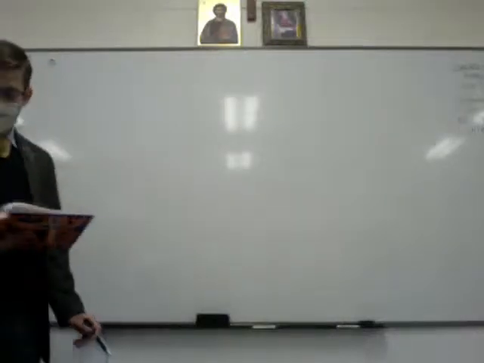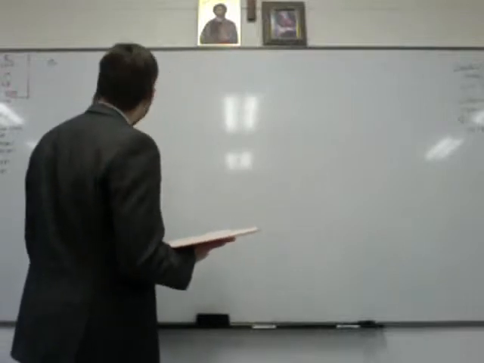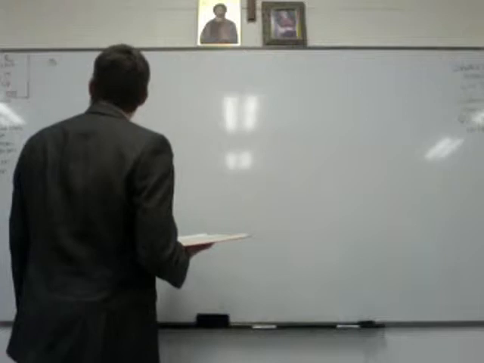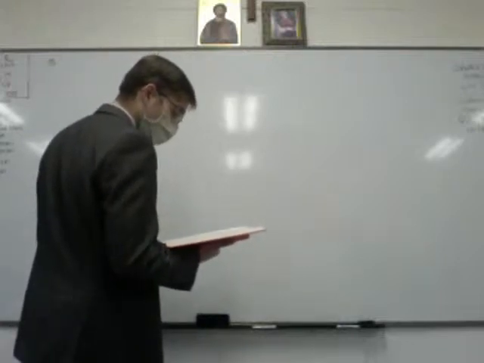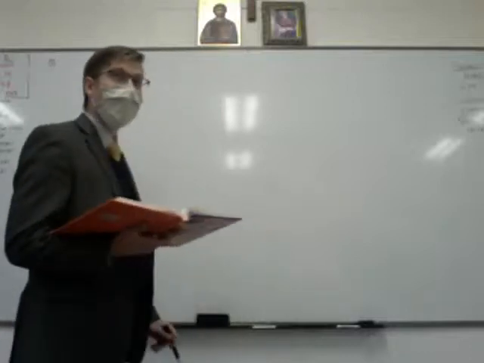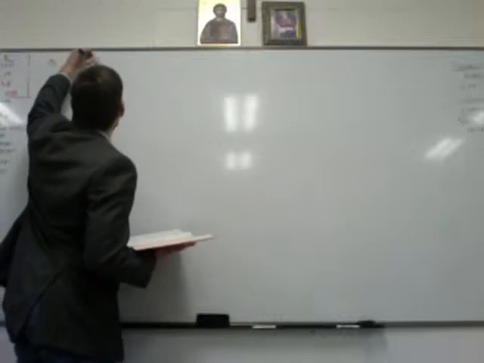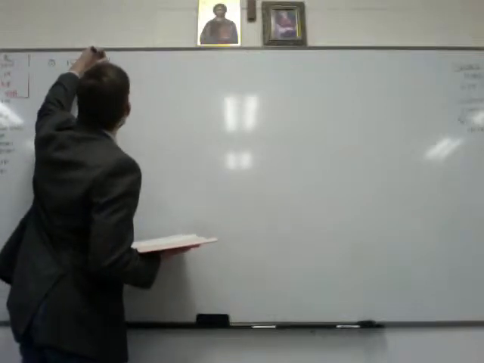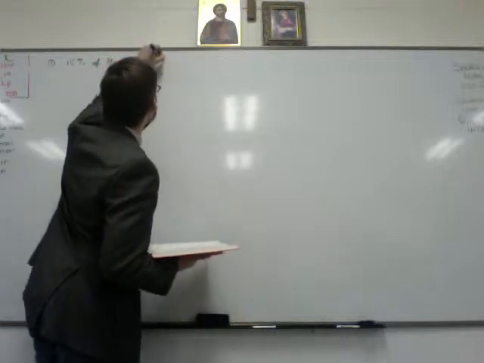15 over 100 times 2,100 over 1 equals x. No. 15 over 100 times x over 1 equals 2,100. Right, because 15% of the people is 2,100.